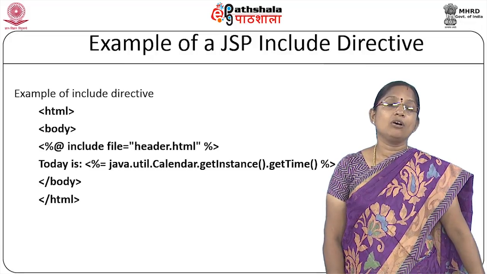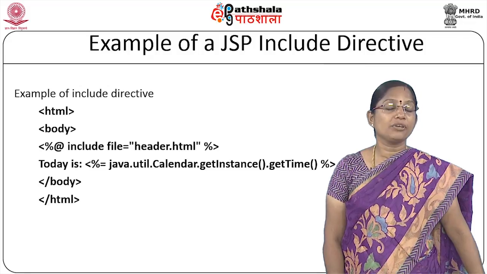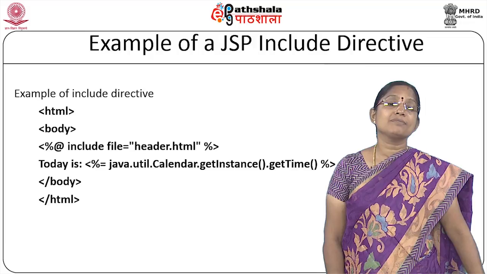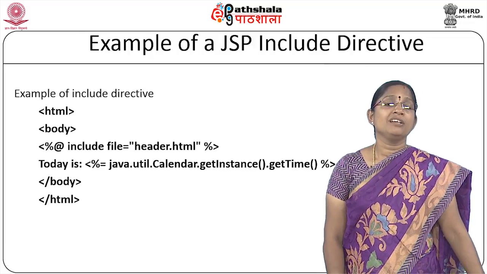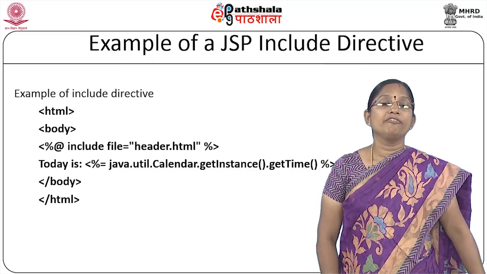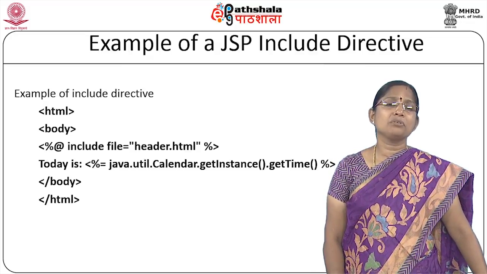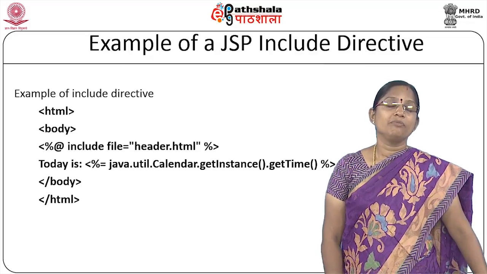Previously a file called header.html has been created. Wherever you require a header for a particular file, this file can be included, so that it promotes code reusability. So this is very useful for including the header and footer for every file. There is no need to create headers and footers for every file. You can write it once, and wherever you want to use it in your JSP page, you can include this header.